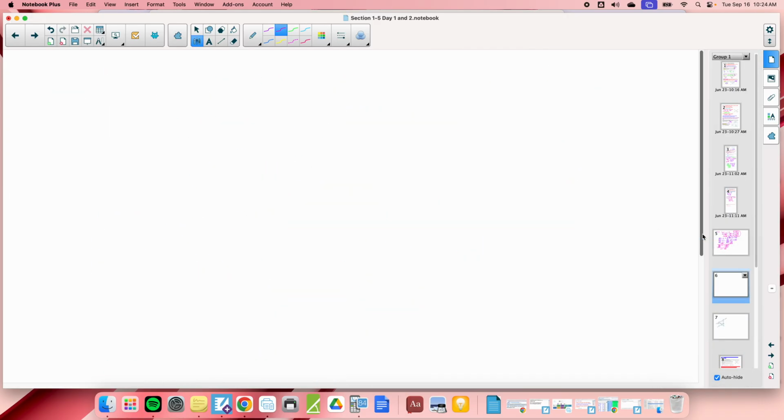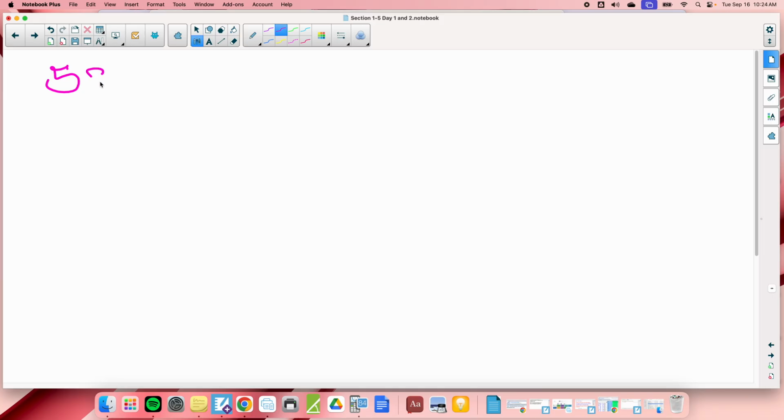So we're gonna do 58. So 58 says this. It says the measures of 2 supplementary angles are in the ratio of 11 to 4. Now you don't have to draw this out, but I'll just kind of show you what they mean here.